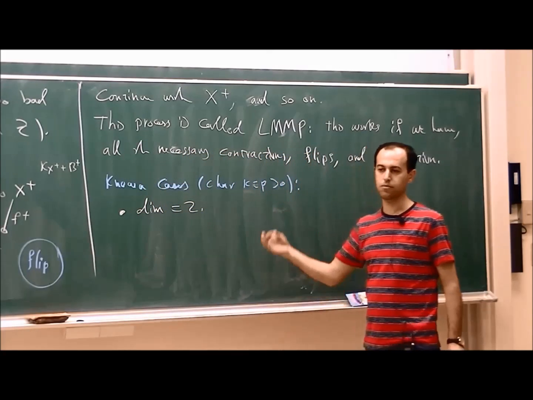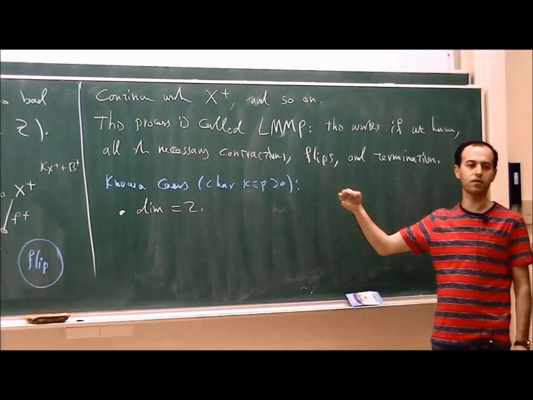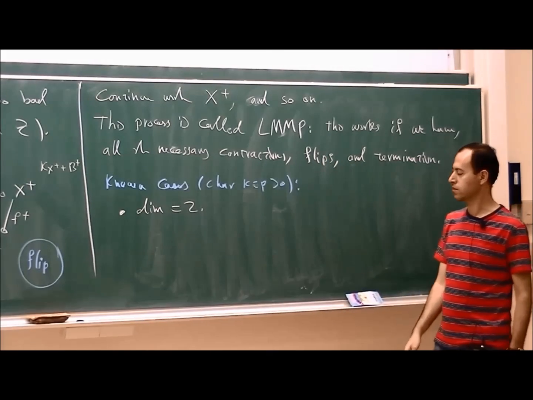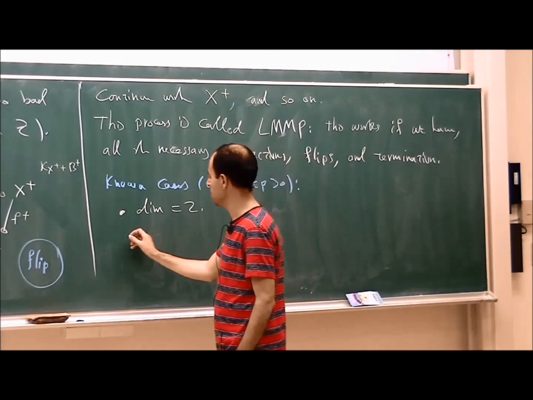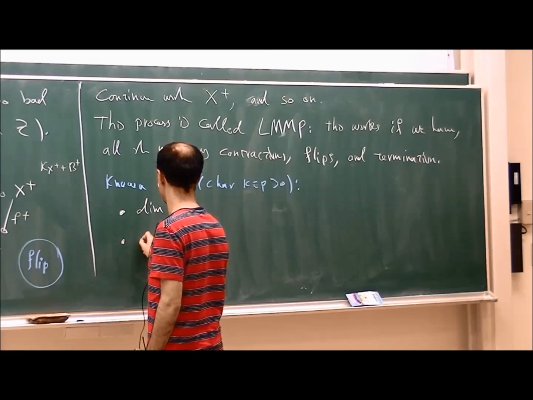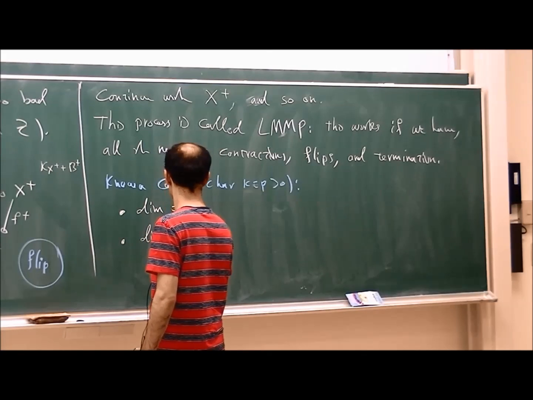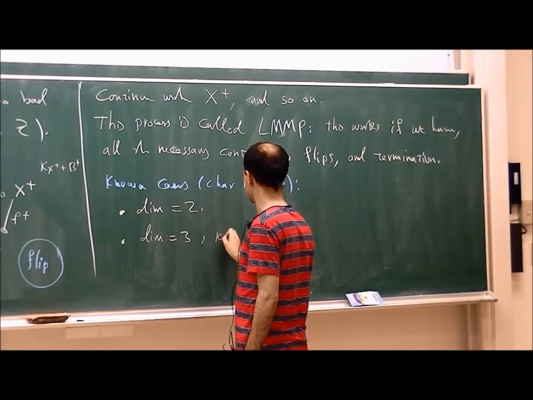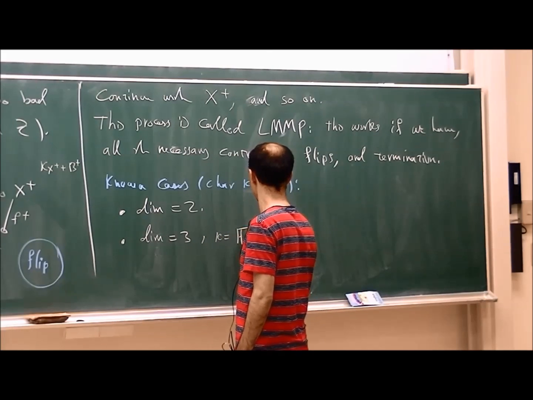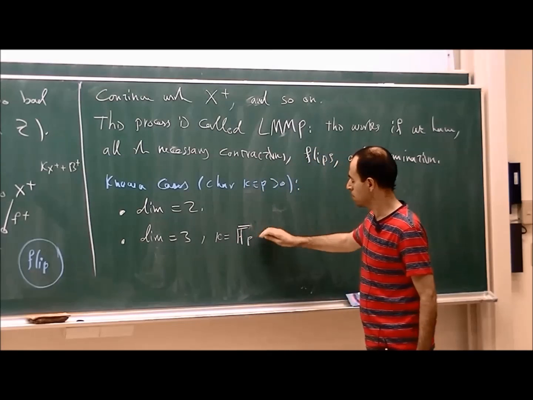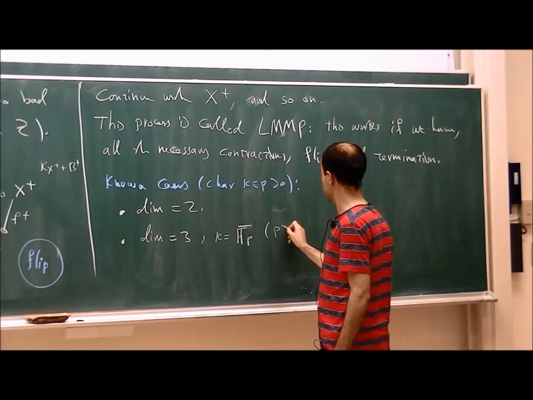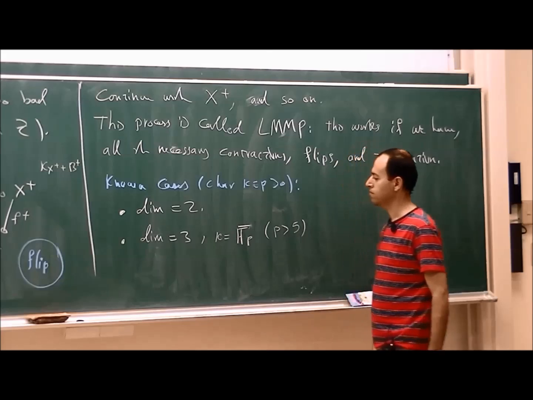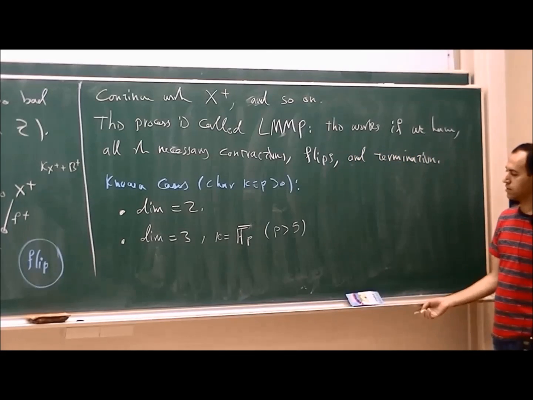Now, of course, you need to put some conditions on the singularity. Like, for example, you can have some nice conditions, and then in dimension 3 also. So at least when K is the closure of a finite field, and the P here needs to be more than 5 for some technical reasons.